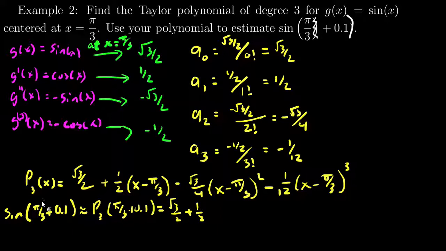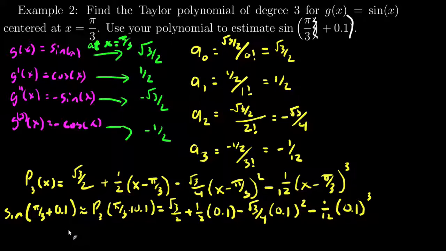When I put pi over 3 plus 0.1 in here, I get pi over 3 plus 0.1 minus pi over 3, so I just get 0.1 when they cancel out. I have a minus root 3 over 4 times 0.1 squared, and I have minus 1/12 times 0.1 cubed.